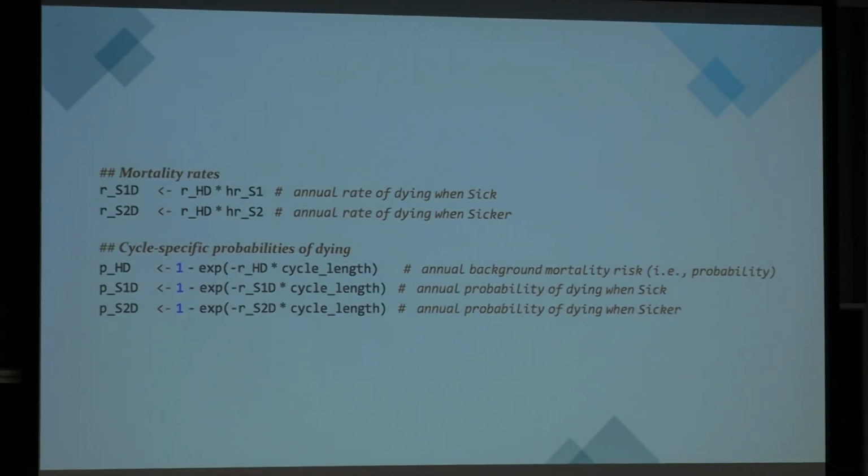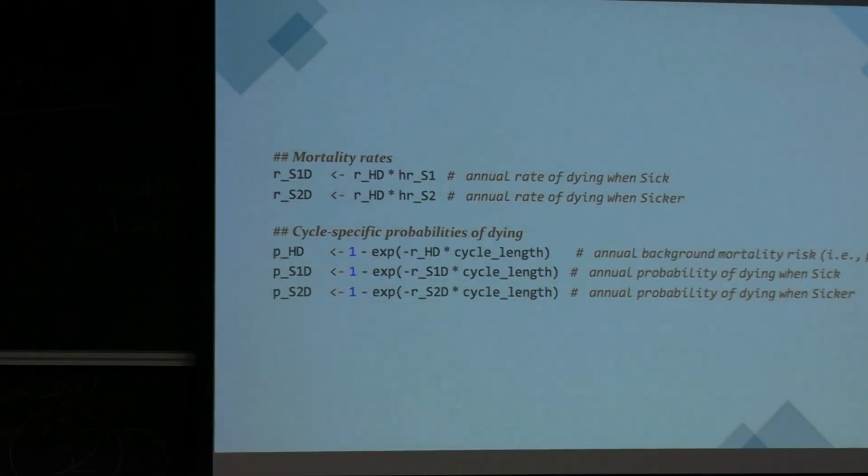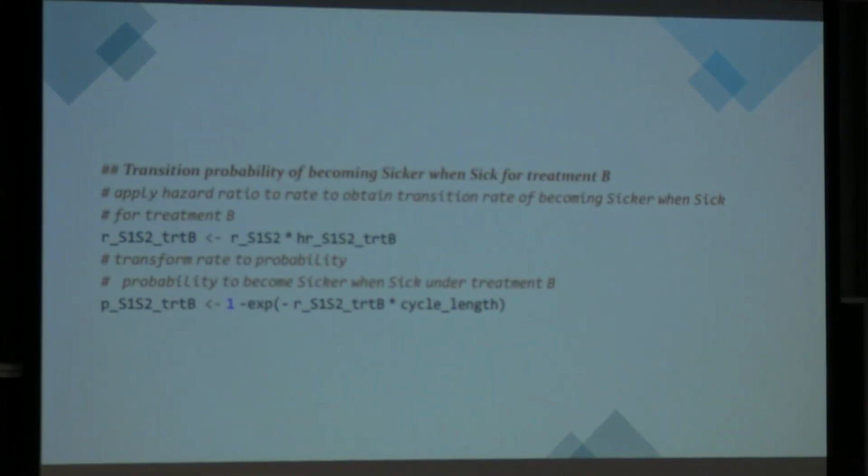We have already discussed the hazard ratio here, and also that when you are using treatment B, you have a special variable, which is that you multiply the rate by 0.6.